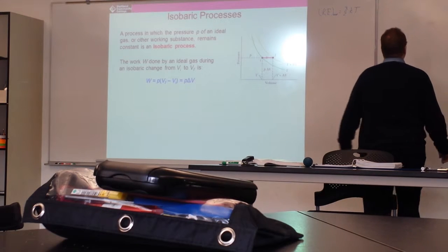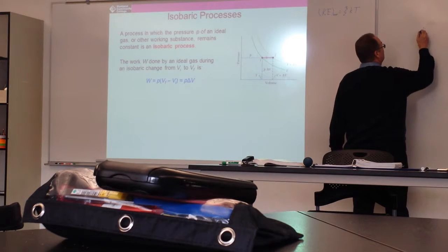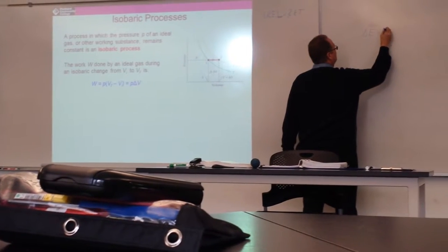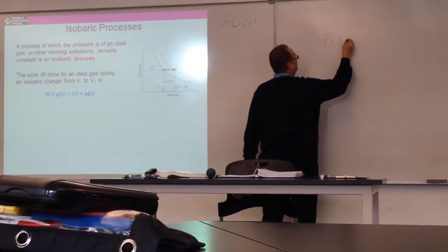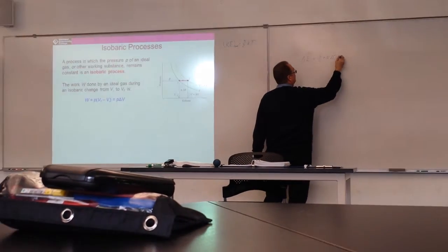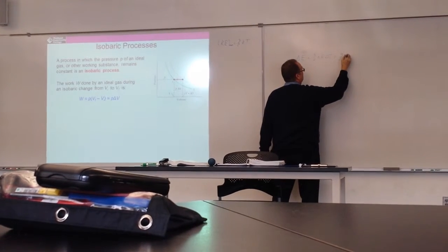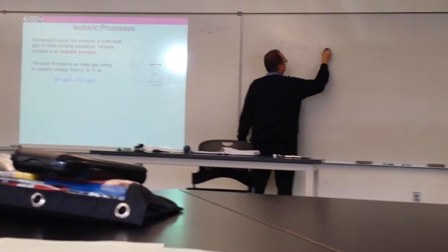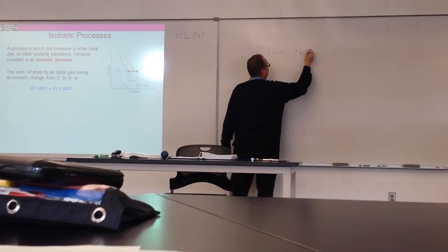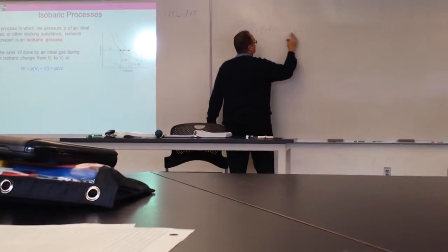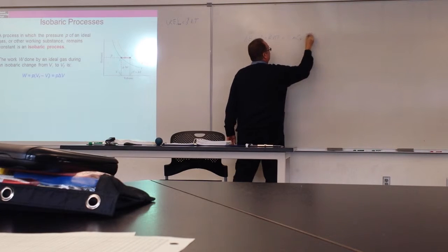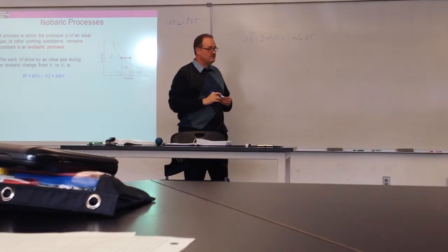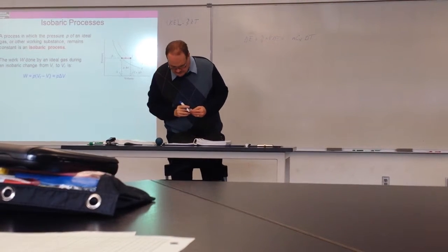And if you remember, for an ideal monatomic gas, the change in energy is equal to 3/2 nR delta T, which is n CV delta T, where the 3/2 goes with the R in CV.